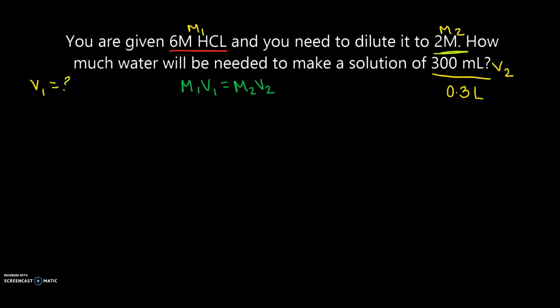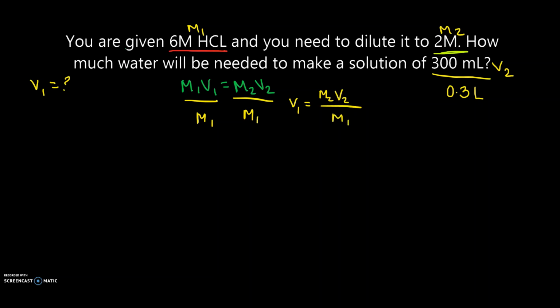such that 6 molar is our M1, our 2 molar is our M2, as that's what we're trying to dilute to. V1 we don't know, because that's what we're trying to determine, but we do know that we want a 0.3 liter solution. That's the amount we want.